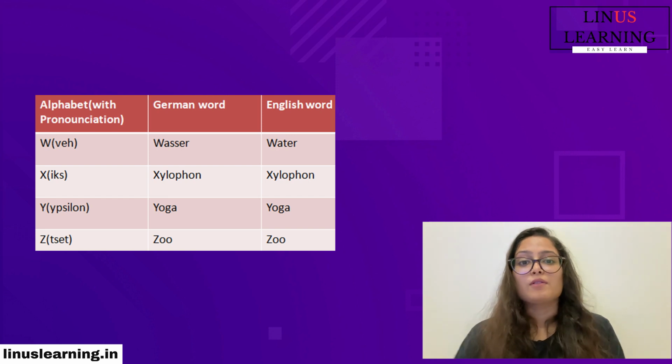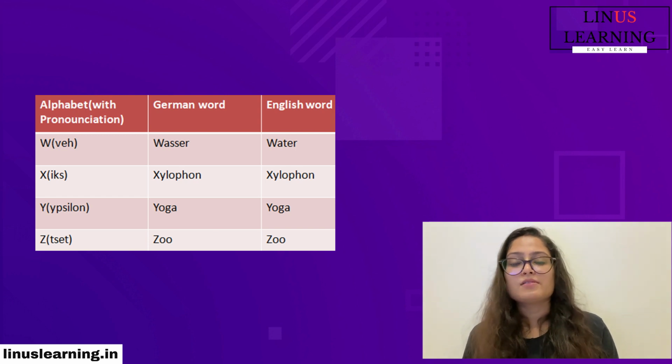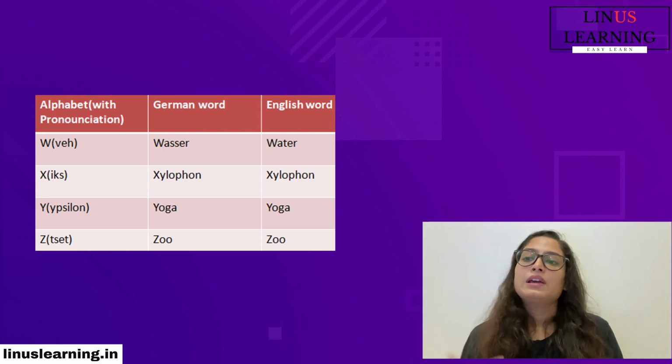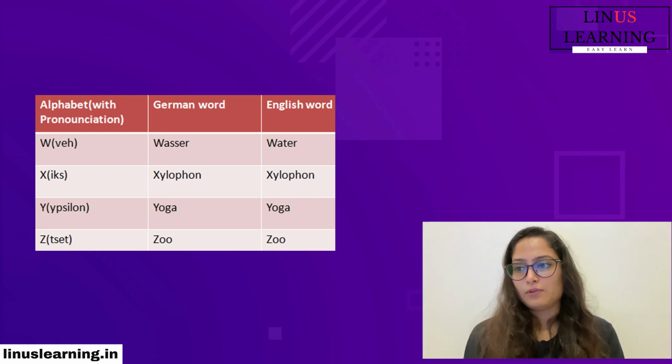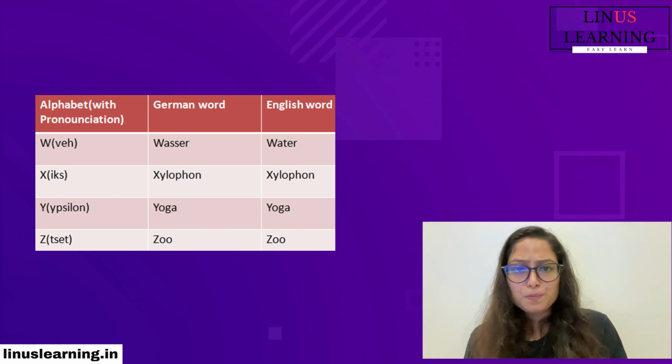So W is W, W wie Wasser, Wasser is water, okay. X wie Xylophon, Xylophone is the xylophone only, the musical instrument that we have, okay. Y wie Yoga, Yoga is yoga.